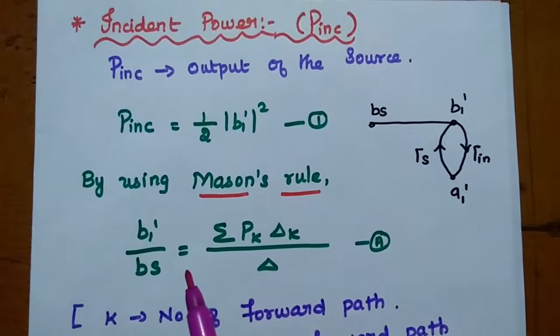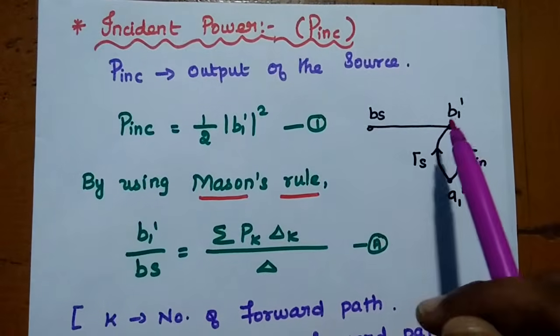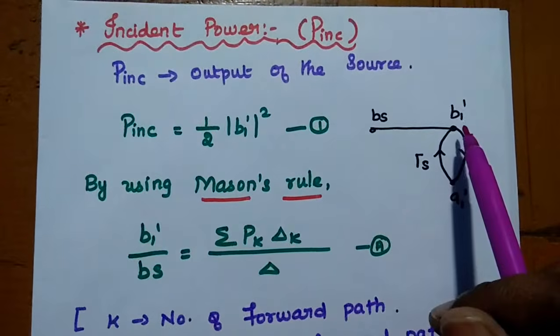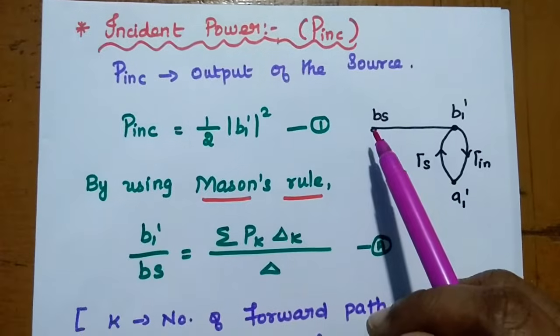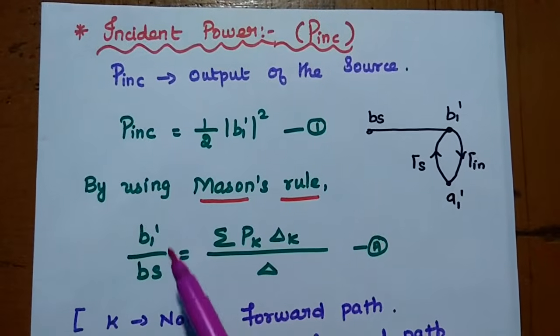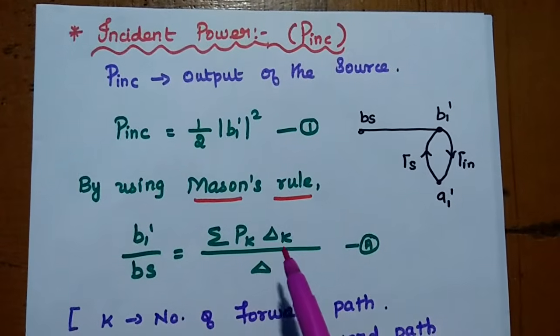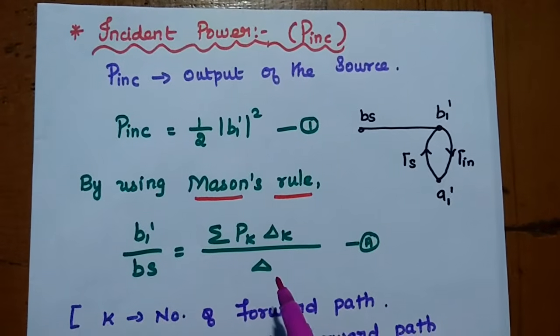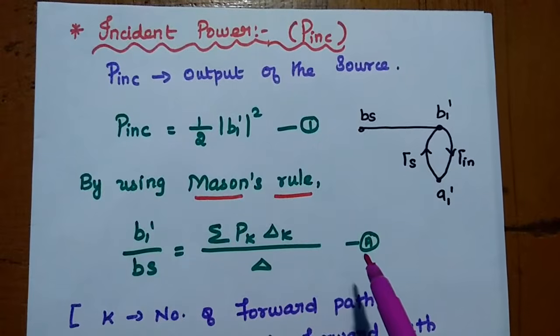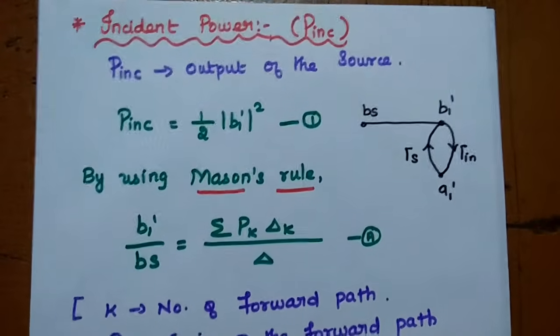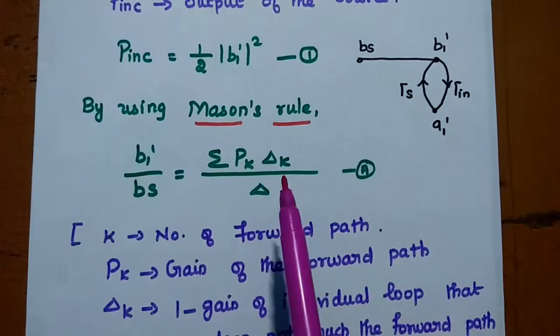So what is Mason's rule? That is the output by input. This is the final output and this is the actual input. So B1 dash by Bs is equal to summation Pk del K divided by del. Consider this as equation A. What is this Pk del K?